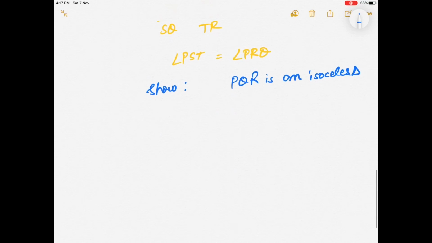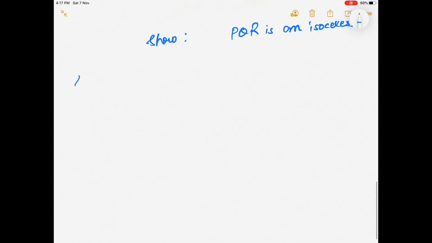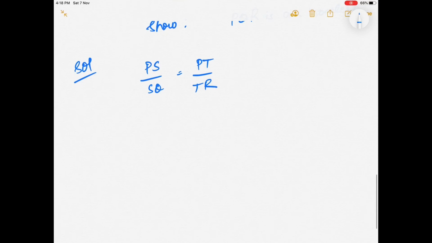Okay. Now how will we show this? So it is given that PS by SQ is equal to PT by TR. So now from theorem 6.2, which says if a line divides any two sides of a triangle in the same ratio, then the line is parallel to the third side, ST will be parallel to QR.